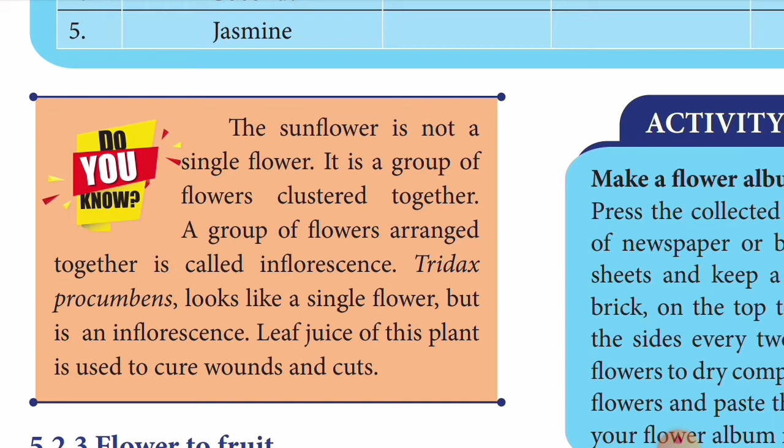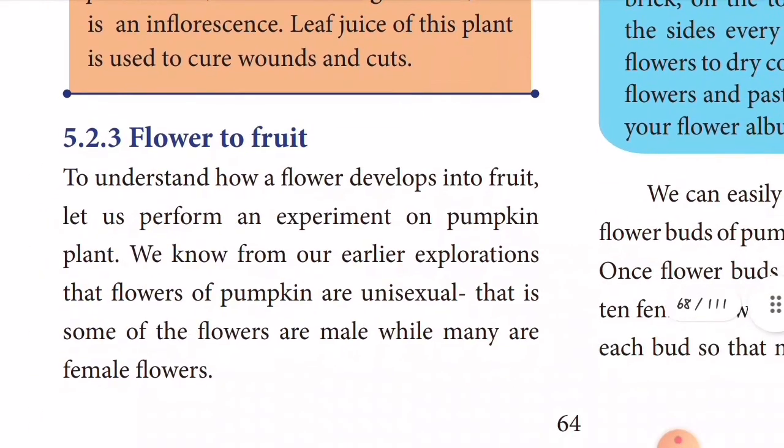So that means Tridax procumbens looks like a single flower, but it is an inflorescence. The leaf juice of this plant is used to cure wounds and cuts also. That's very important, children.